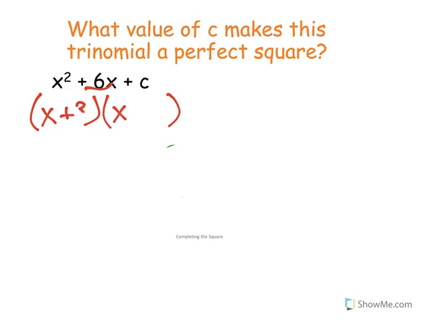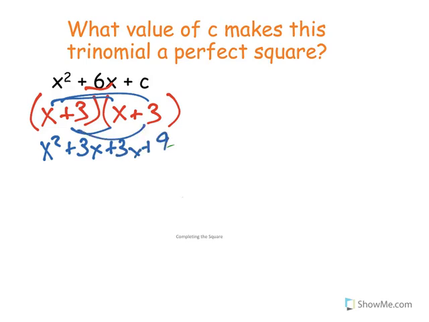So I'm going to say, all right, 3 should work. And then if I multiply x plus 3 times x plus 3, and I do the FOIL, and I combine the like terms, which I'll show you all of it, right? So that's x times x, that's 3x, and another 3x, which gives us the 6x. I end up with this.